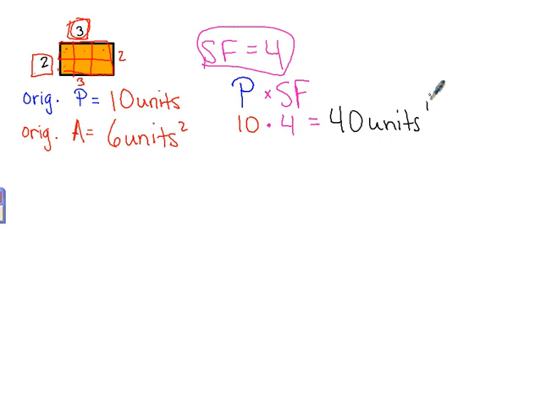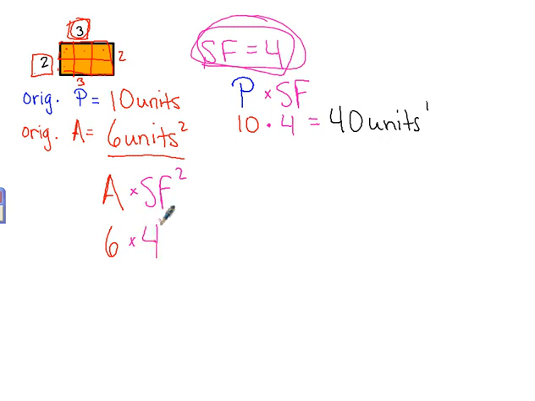I could do the same thing for area. Instead of redrawing everything, I know that the rule that we saw was that I could take the original area, which I'm going to say A stands for, and multiply it by scale factor squared. And I remember that it's squared because area is measured in squares. So the original area in this case was 6, and the scale factor, again, was 4, and I know that it's squared.